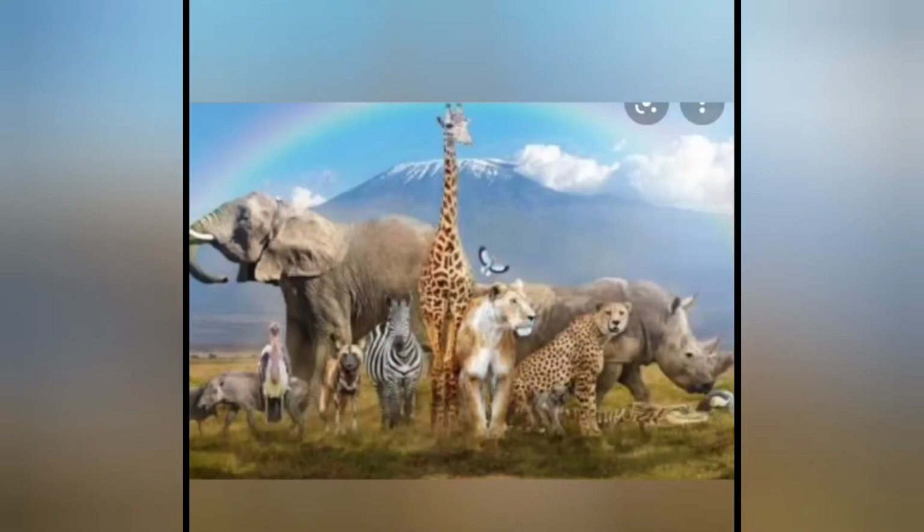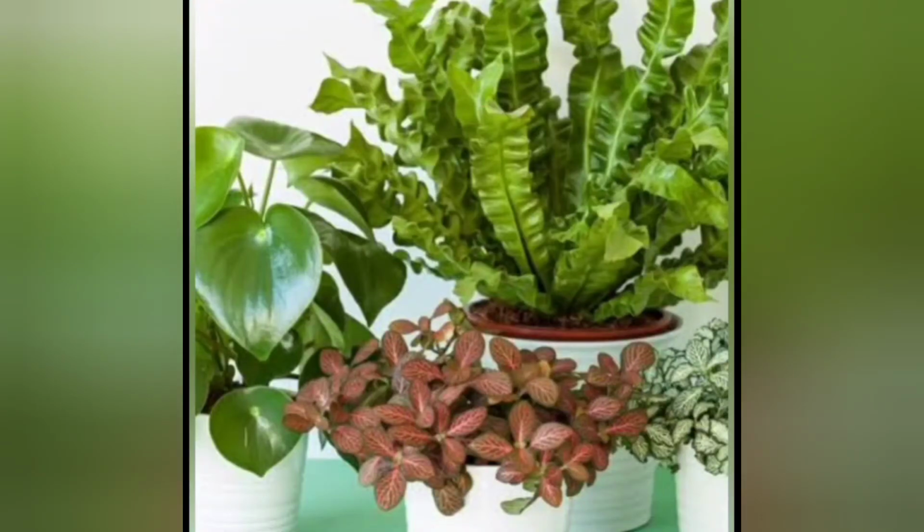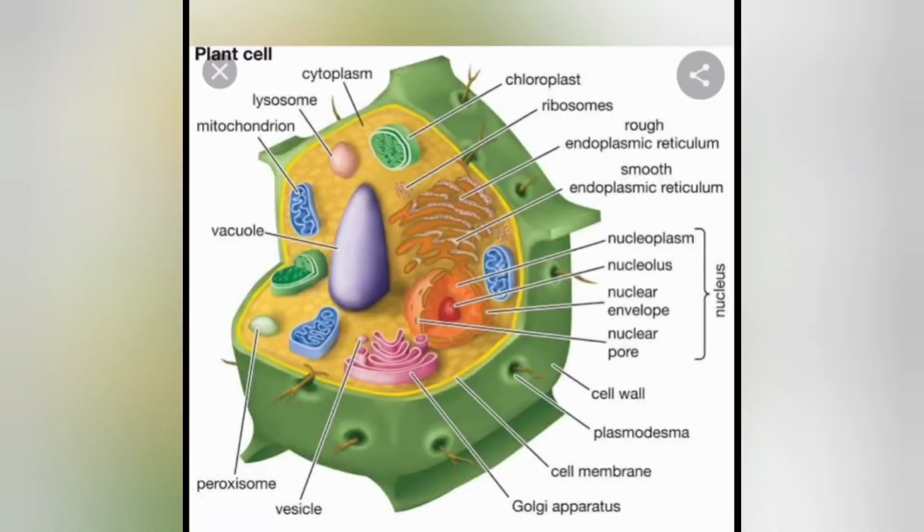So now let's learn about plant cells. One of the most important functions in plant cells is that they contain plastids. These plastids are of three types. The first one is chloroplast, which contains the green chlorophyll, which we see on the outer layer of the leaf. And then comes the chromoplast, which contains a color or a pigment which is later given to the fruits and flowers.